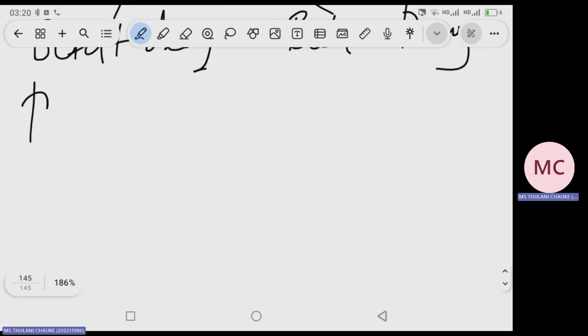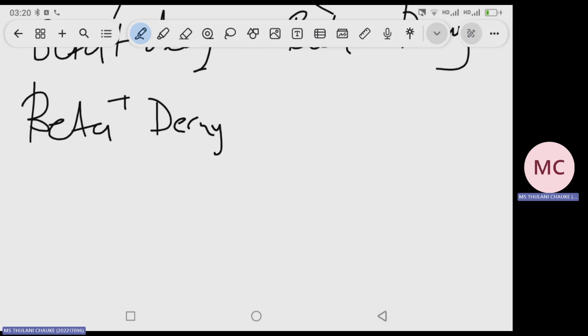So you must be able to tell them apart. Let's start with beta plus decay.